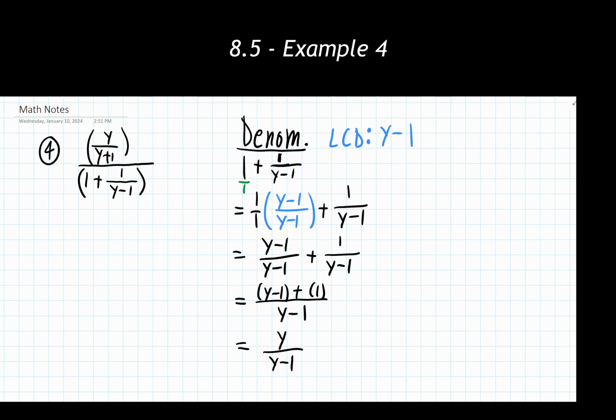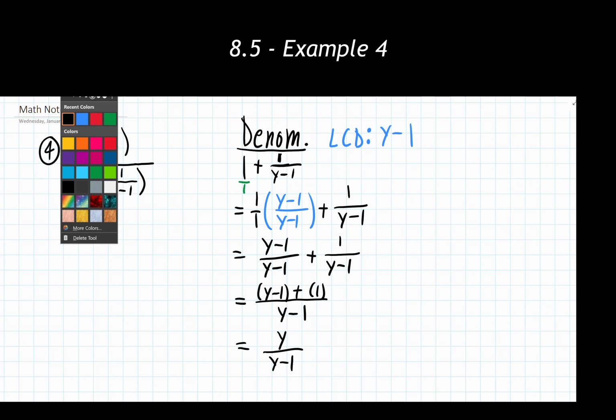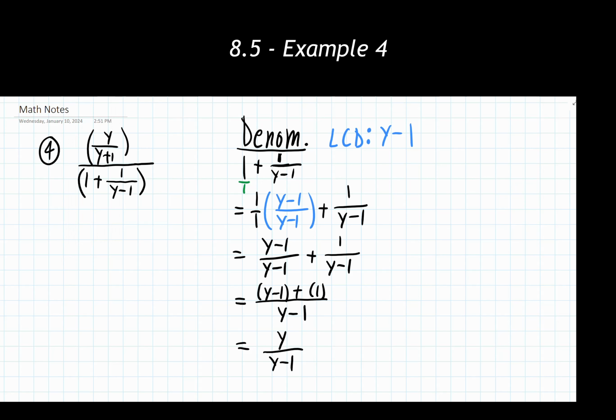Okay, so now that we have this, we're going to rewrite our equation as a division problem. Our numerator is already fully simplified, and there's nothing else to do with that, so it's just going to stay as y over y plus 1. It's being divided by our new simplified denominator, y over y minus 1.